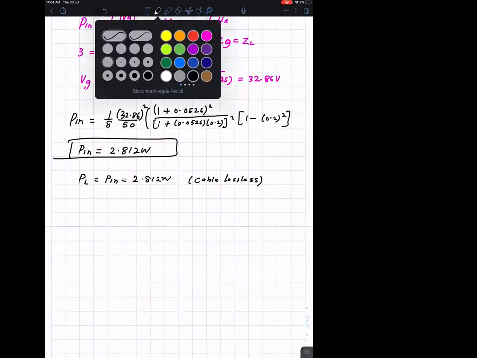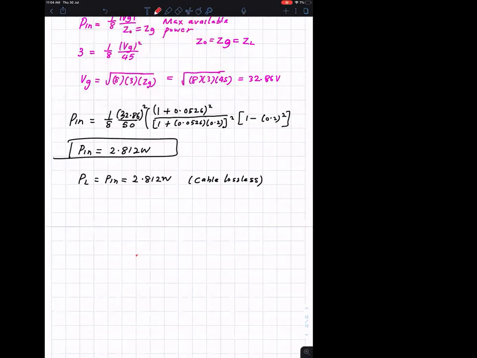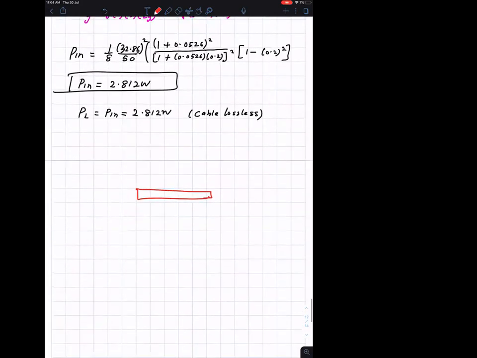Reflection. Lossless, this is the cable, right? Let's say this is a cable. The cable can be represented with a resistor. So there's going to be some losses here, ohmic losses. You know ohmic losses, I squared R. When there's a current flow through a resistor, then there's an I squared R loss.